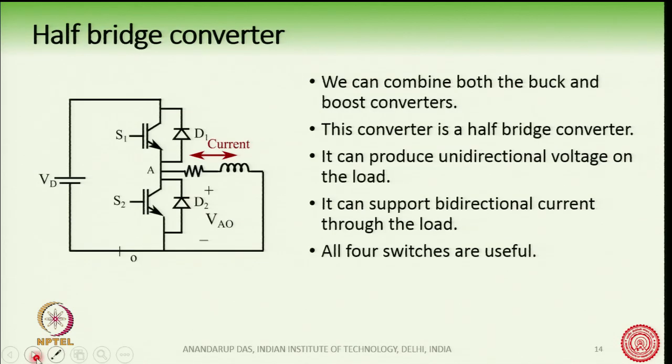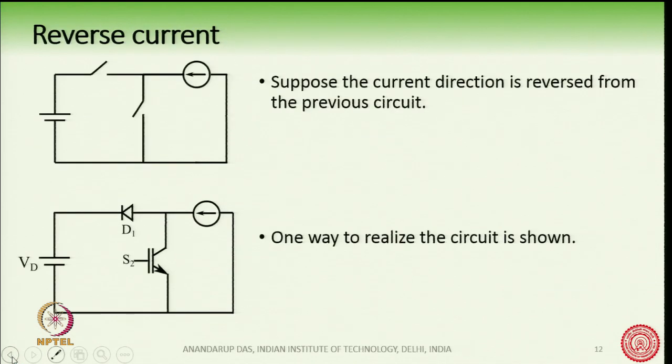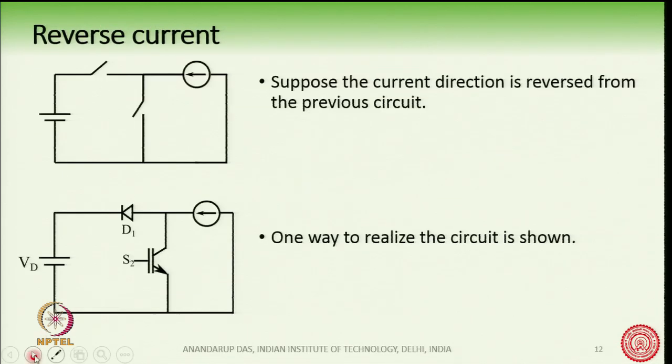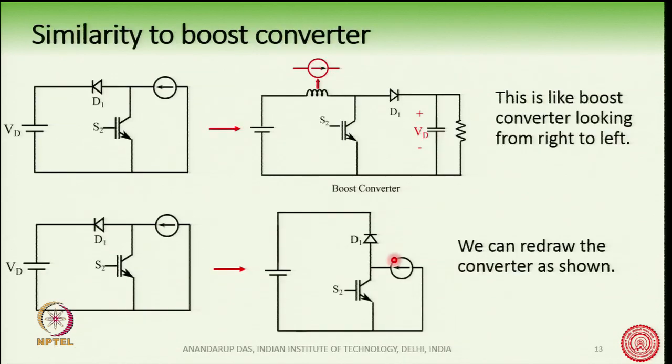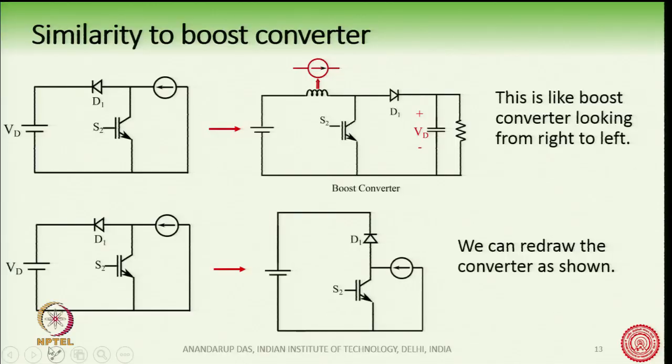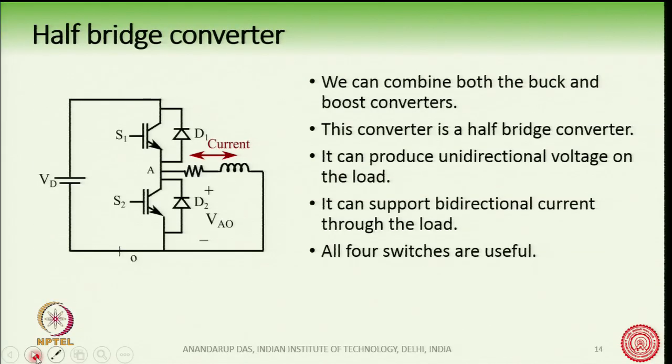Now, combining this circuit, which was derived from the buck converter analogy, and the circuit which was derived from the boost converter analogy, we can combine these two circuits. And how does it look? It looks like this.